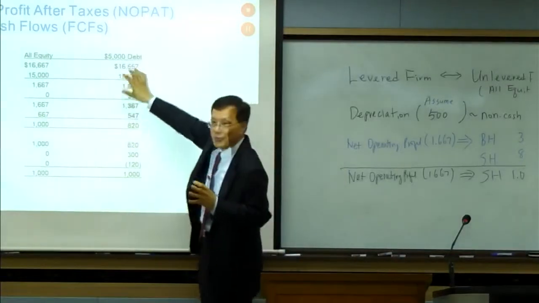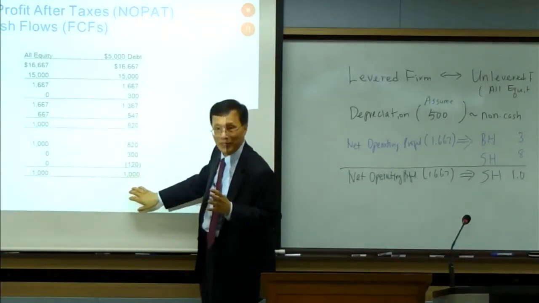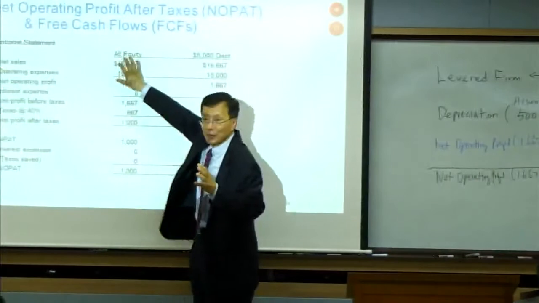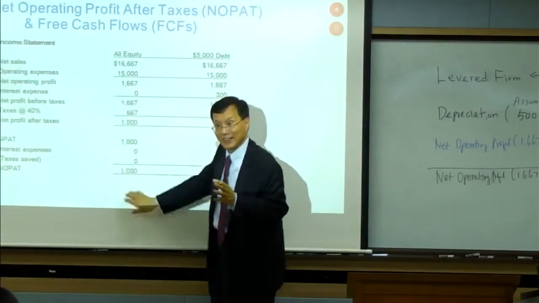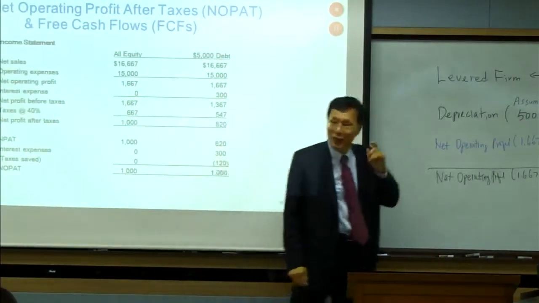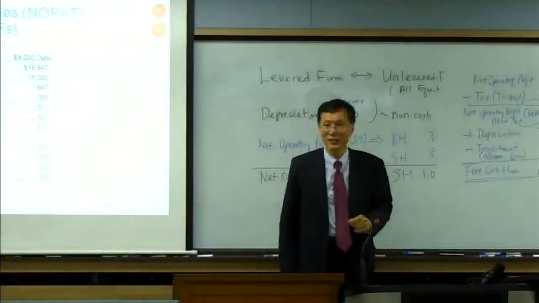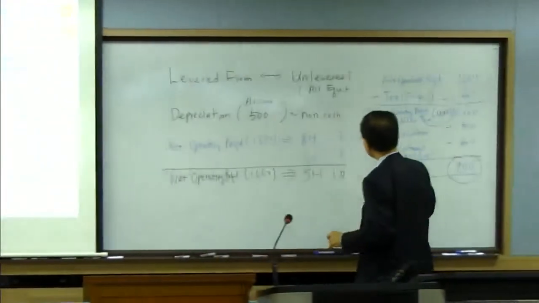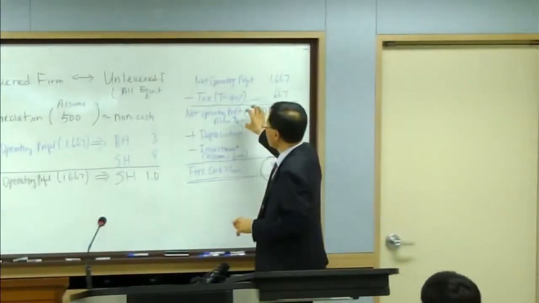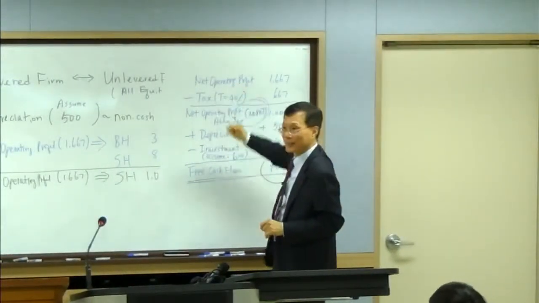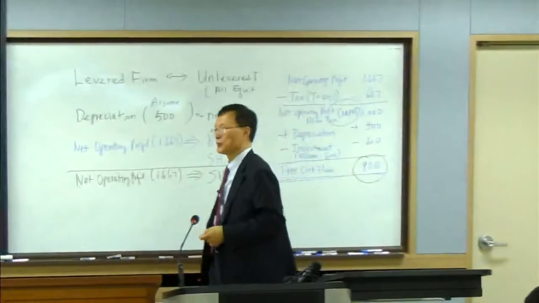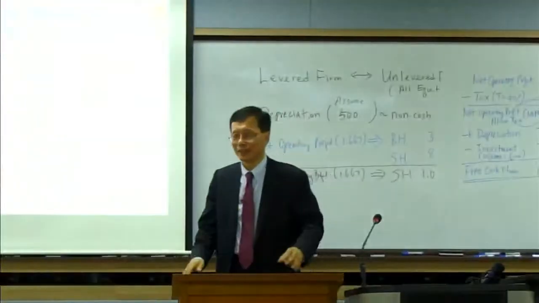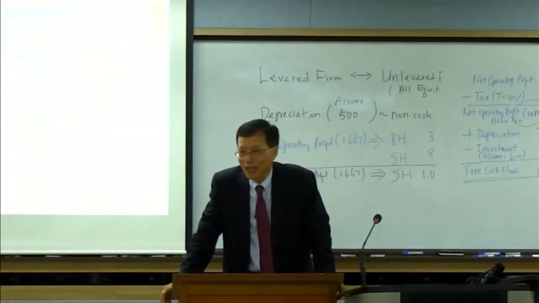This is what you observe in the financial statements. And you are supposed to find the all equity firm's income statement to find net operating profit after tax and free cash flows. So for that, you need to find the tax rate. By looking at the historical income statement, you can find the average tax rate.